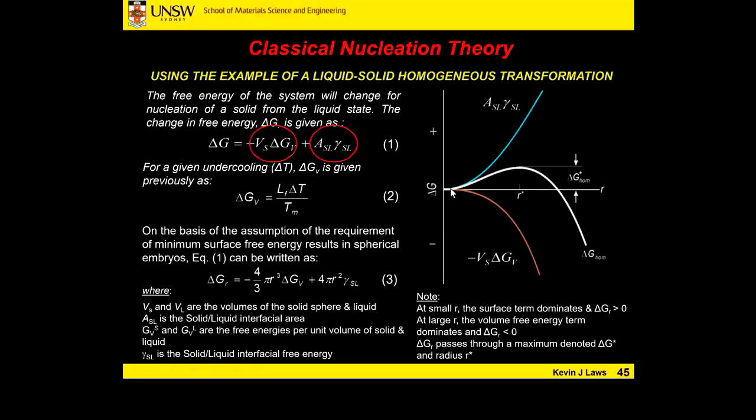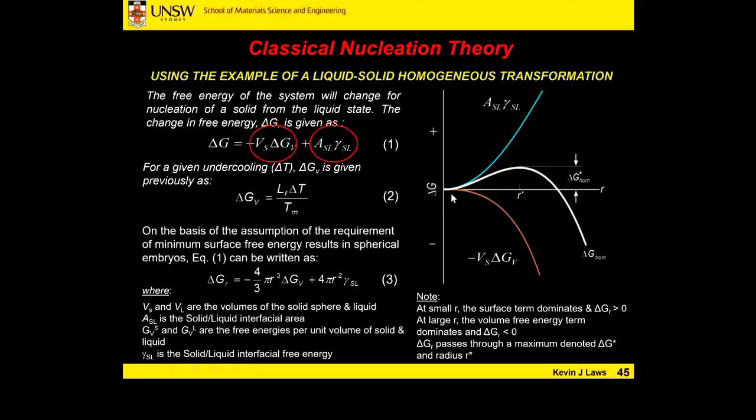And you can see here, this is the graph that I'd be hoping you could reproduce and understand: our delta G, positive, negative, over R, the radius of our embryo. We've assumed in the question a spherical embryo. Our surface area component, which deals with the resistance to the nucleation of our solid particle based on surface tension, is this curve here, which represents this section of our equation.